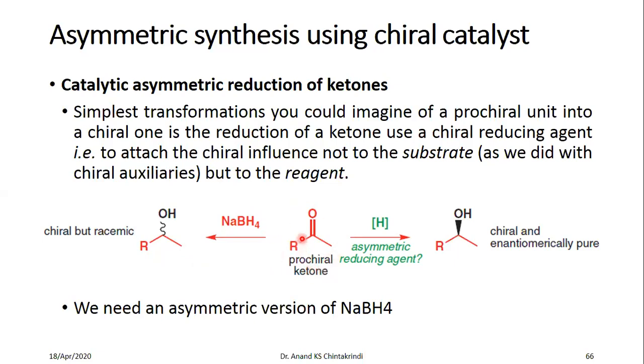It goes via a tetrahedral intermediate, but the resultant would be a racemic mixture. That means you will get both the enantiomers of this particular alcohol. But if you were to use the asymmetric version of sodium borohydride, you will end up with a chiral, enantiomerically pure compound.